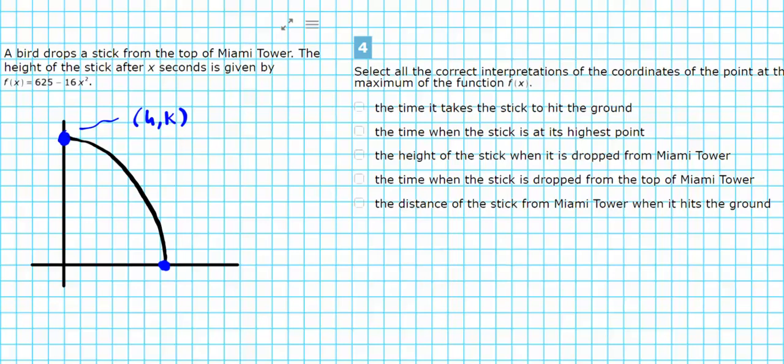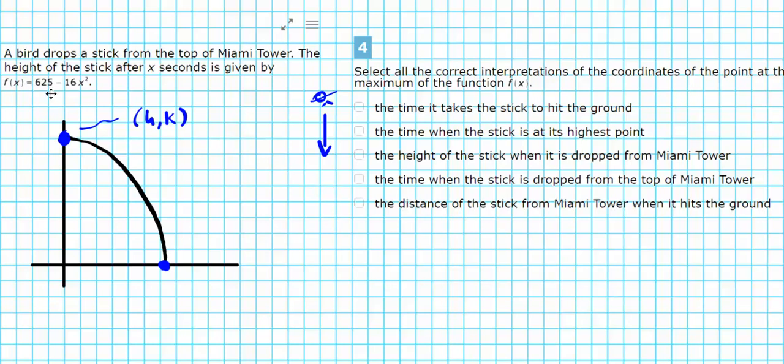The bird dropped the stick from a particular height. Let's say this is the bird right here. As soon as the bird released it, the stick started to fall straight down. So the height started to do what?